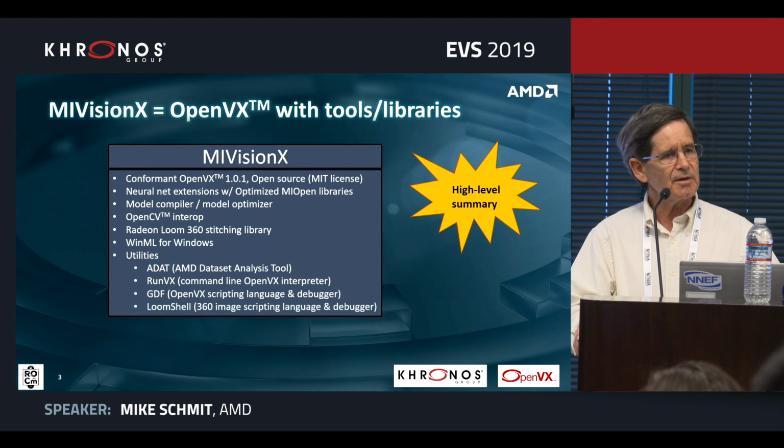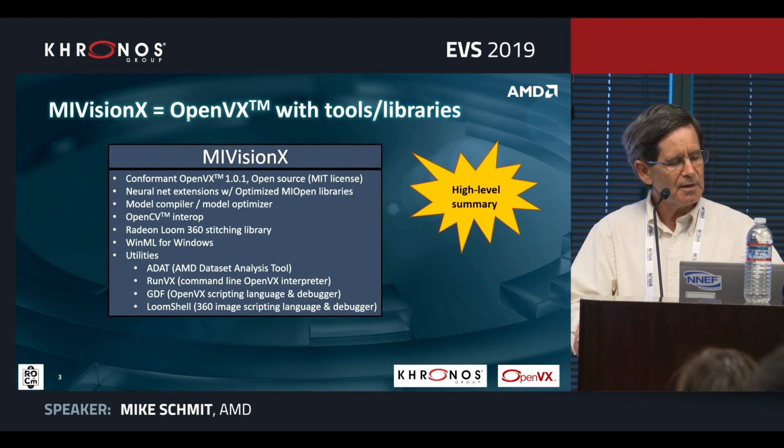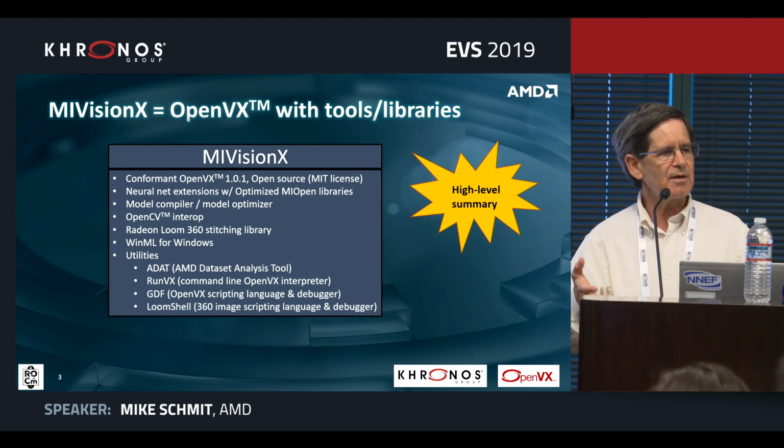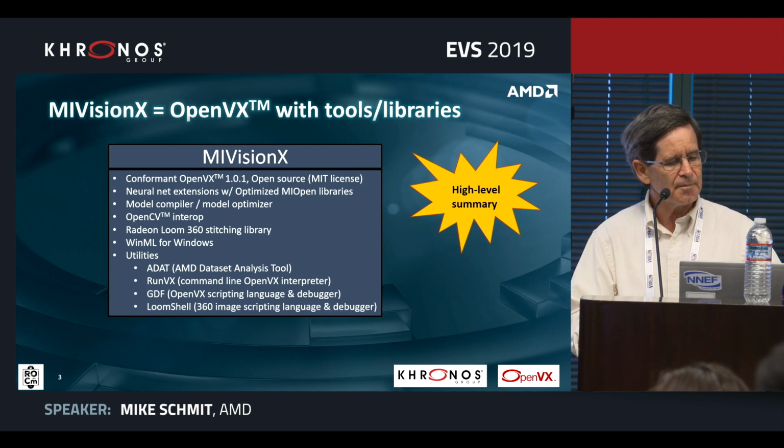There's WinML that allows you to run this on Windows besides just on Linux. And there's a bunch of little utilities that come with it, including ADAT, which is a dataset analysis tool, helping you create, maintain and validate the data that you're using to train your neural nets on.